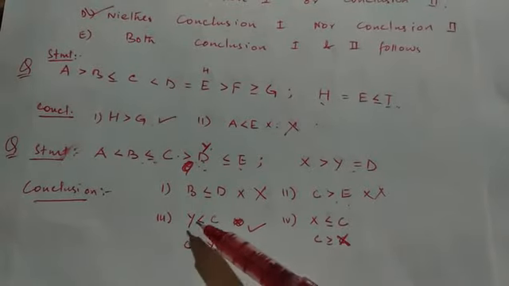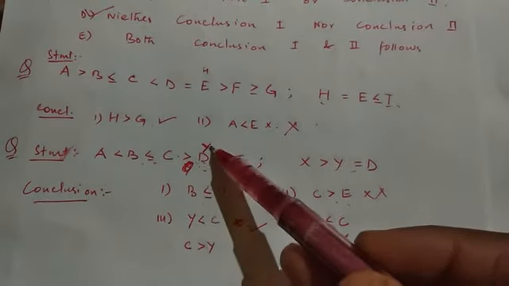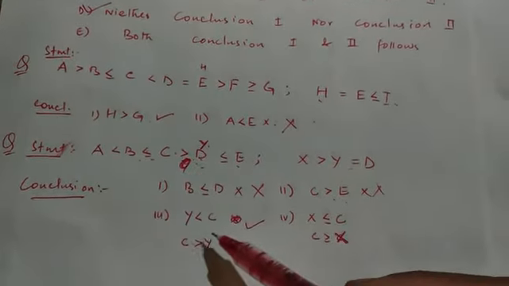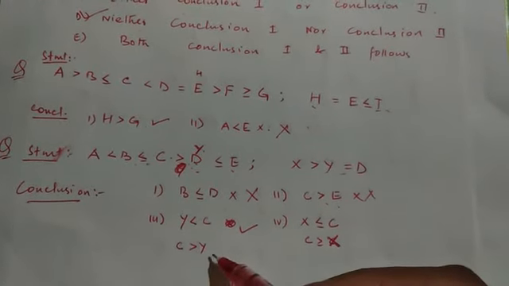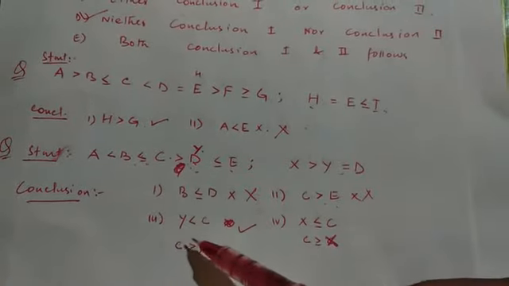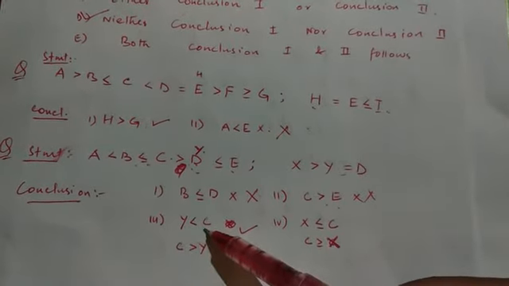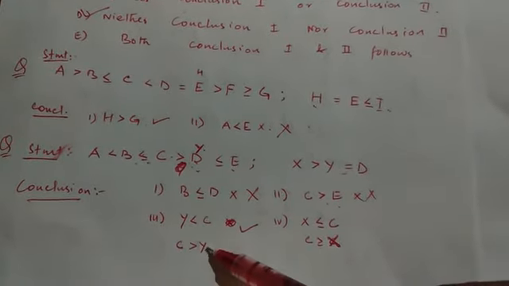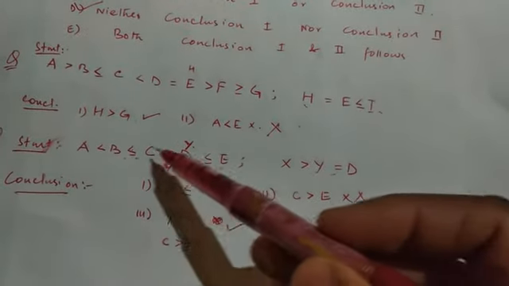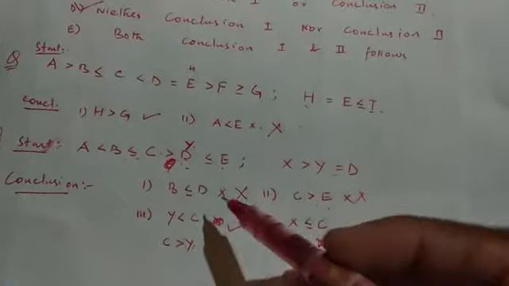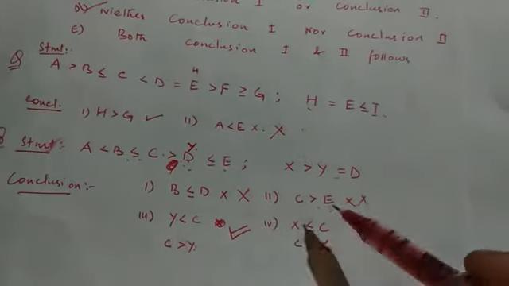Now what is our question? Y is less than C, or I can write it as C is greater than Y, because we have to go from left to right. Here C is greater than Y. So our third conclusion is right.